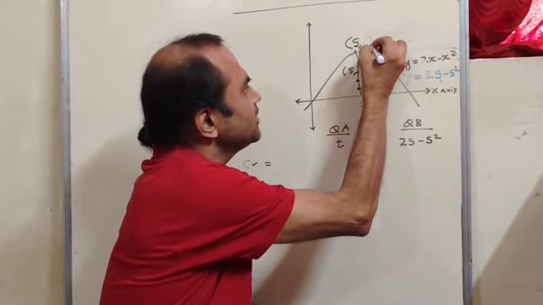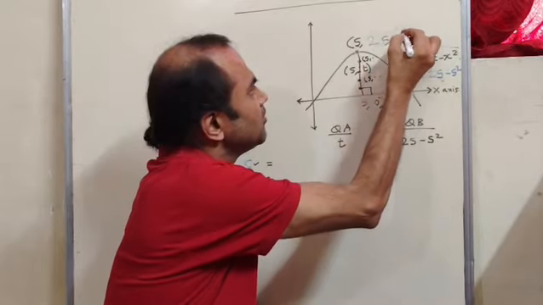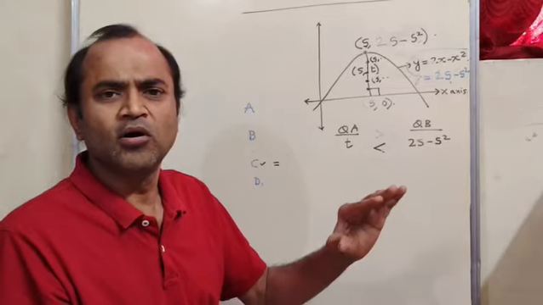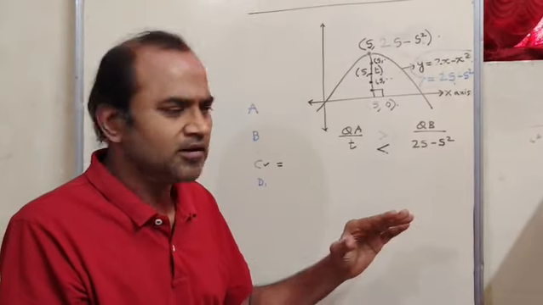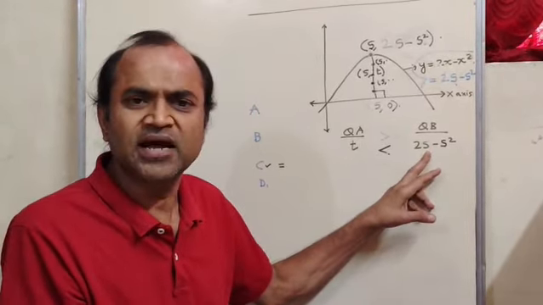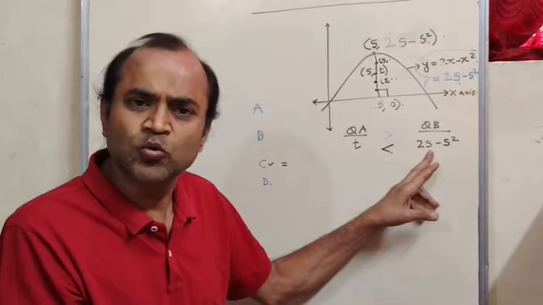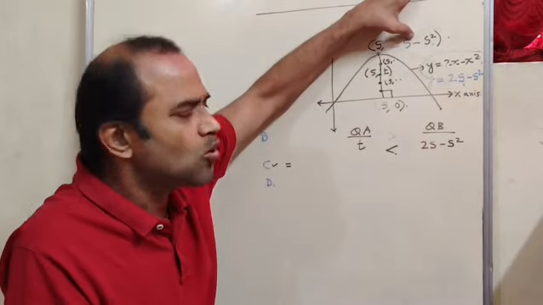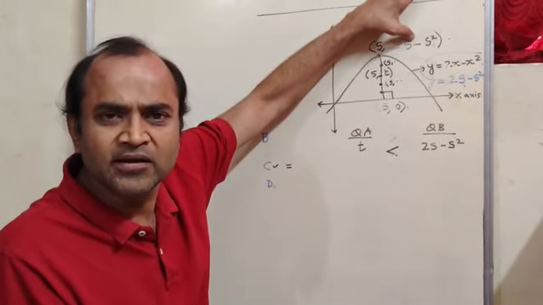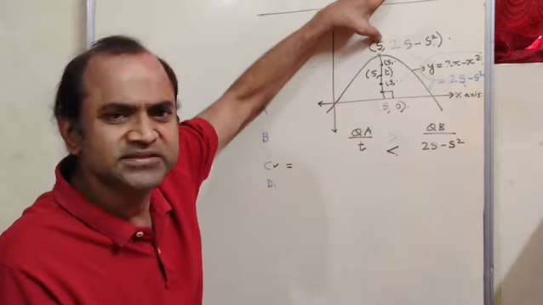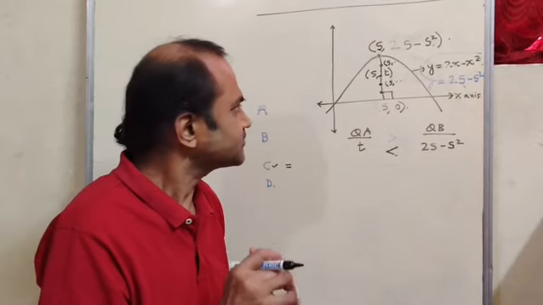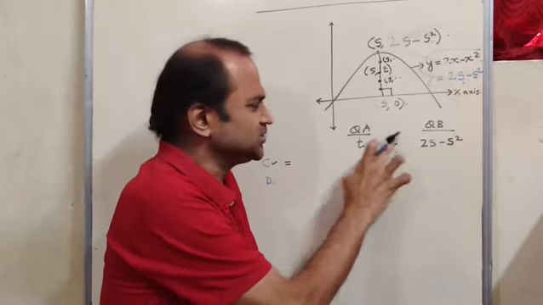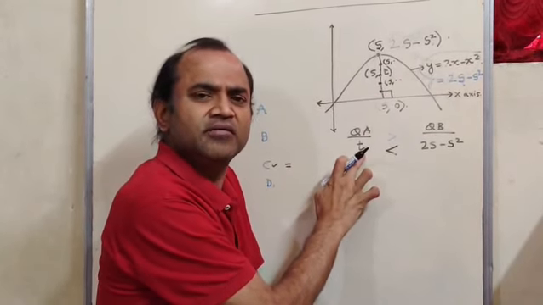Let me rewrite it: 2s minus s square. Now we have obtained the expression under quantity B, 2s minus s square, as the y coordinate of the point whose x coordinate is s. So 2s minus s square has to be compared with t.